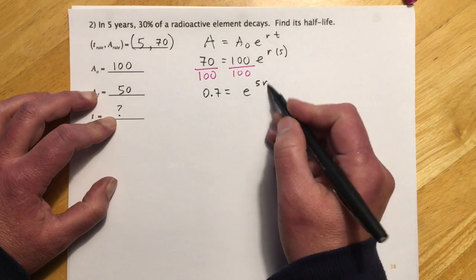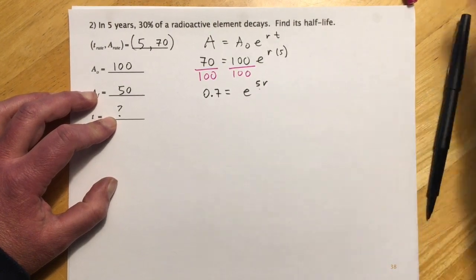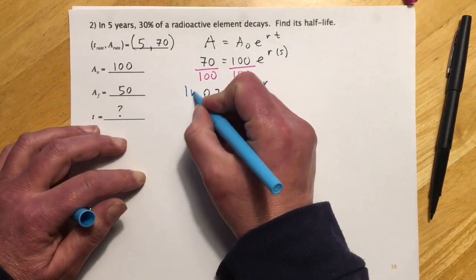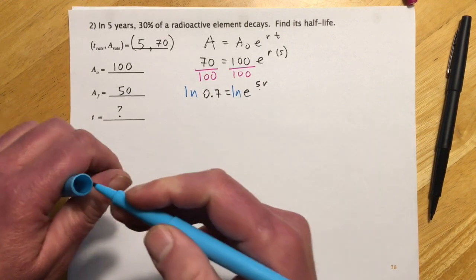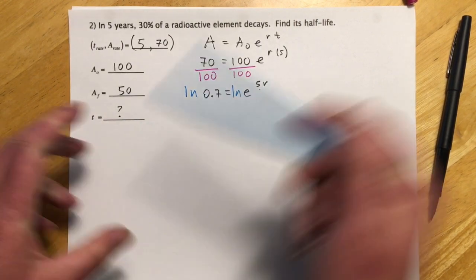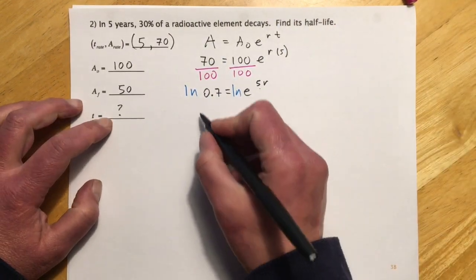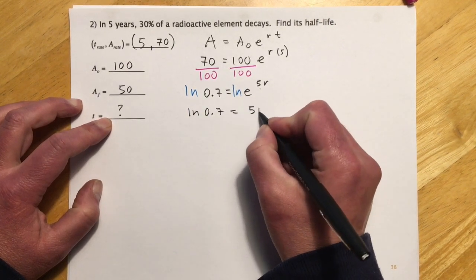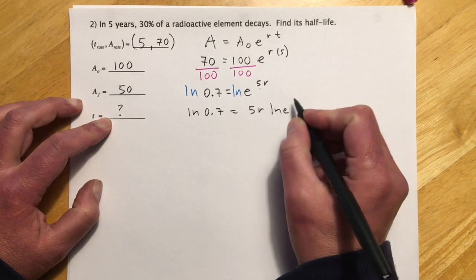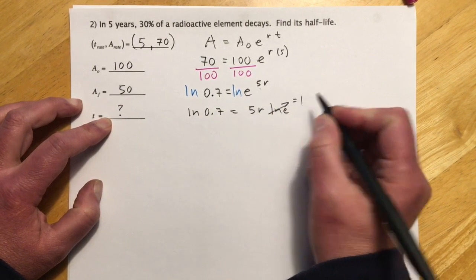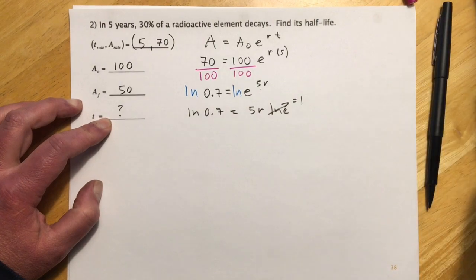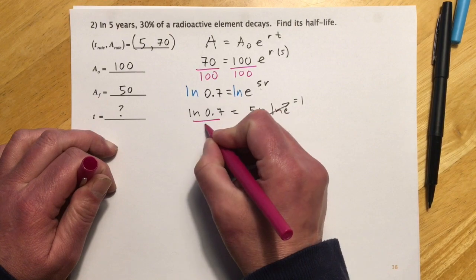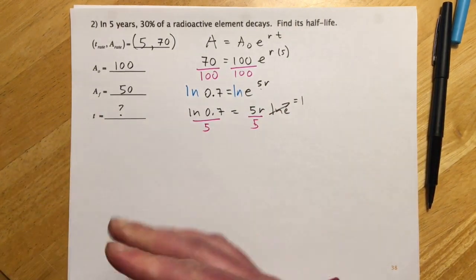Since we're solving an exponential equation, we log both sides, and since it's base e, we definitely want to use natural log because that will make it easier. So I have natural log of 0.7 equals 5r ln e. Remember ln e equals 1, so that piece just drops out. Then I can divide over the 5, and that gets me r.